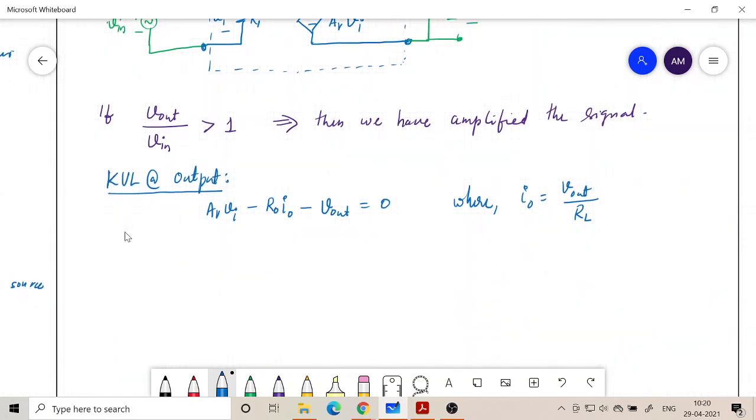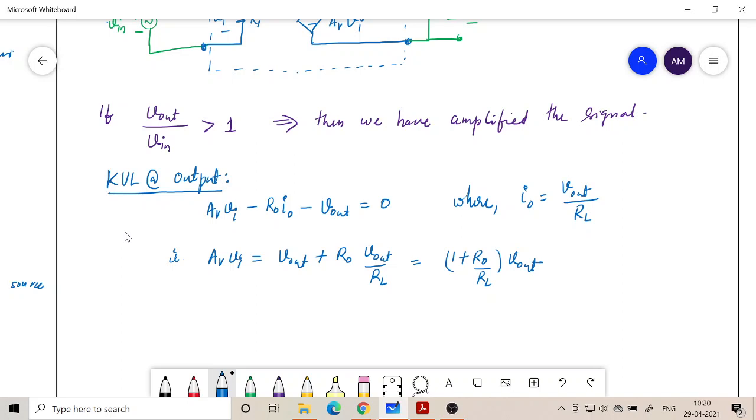Therefore AVI is equal to V out plus R out into V out by RL, which is basically 1 plus R out by RL into V out.